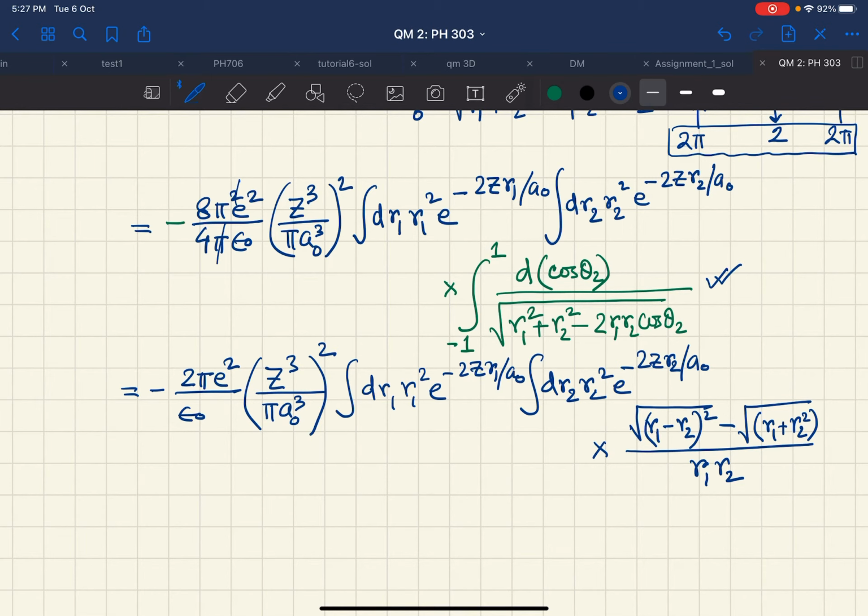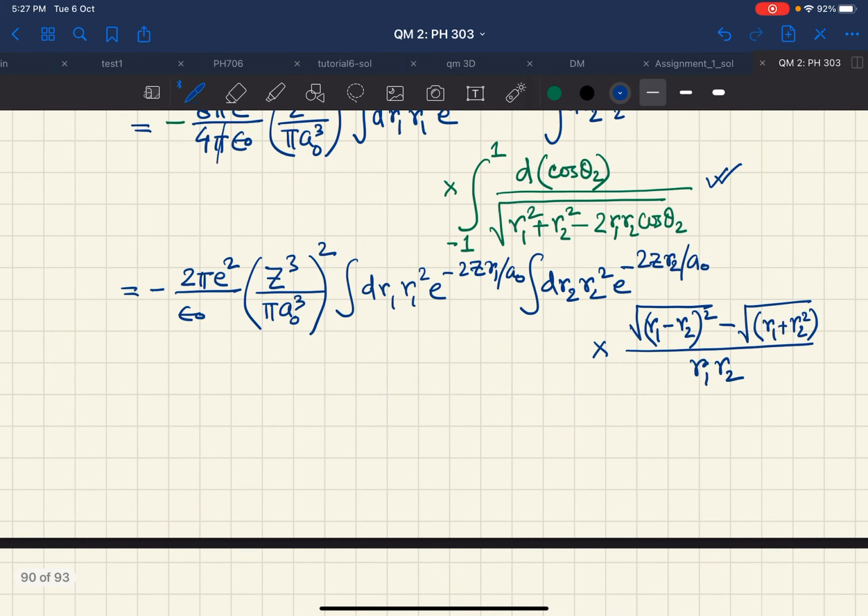Now of course there is still some intricacy left in this integration. Firstly, we have minus 2 pi e square by epsilon naught, Z cube by pi a0 cube, whole squared.